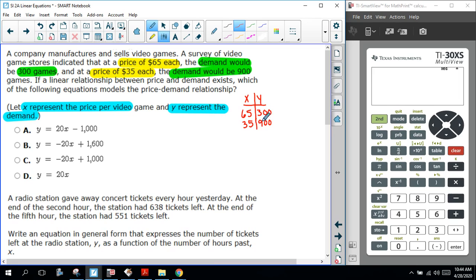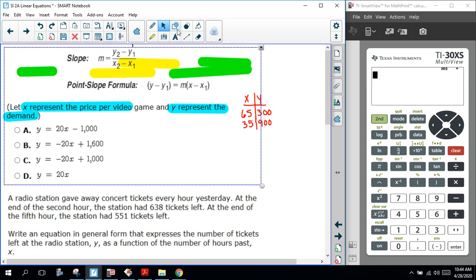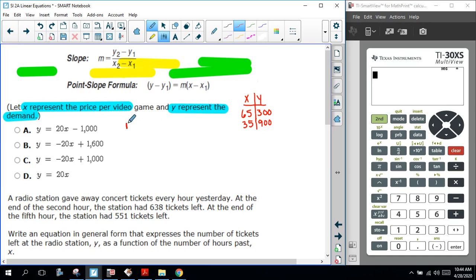So going back to writing equations of lines from earlier in the year, we're going to take a look at the formulas that we need to make this happen. And here we go. One of them is a slope formula. To write slope-intercept form, obviously we need the slope of the line. So to find the slope, m is going to equal the y value subtracted on top, so y2 minus y1.